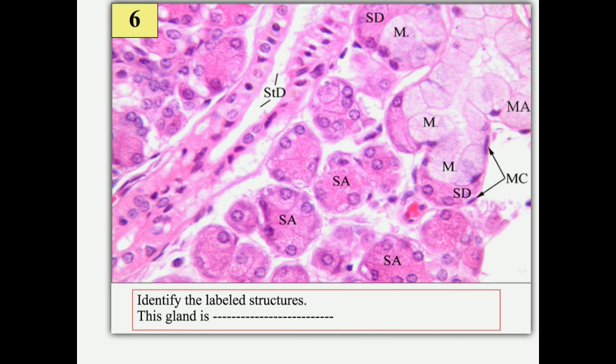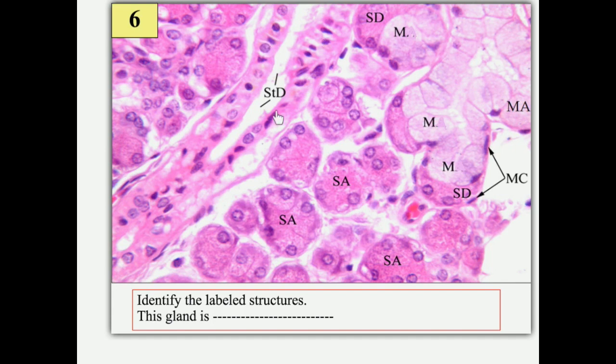Identify the labeled structures. This is mucus cells, and this is a crescent of Gianuzzi. So this is the mucoserous acinus. Here we have also a crescent of Gianuzzi, serous demilune, and mucus cells. Here we have the serous acini, a typical serous acinus with acidophilic apical zymogen granules, and this is one of the duct system, which is formed of cuboidal or low columnar cells with central rounded nuclei.